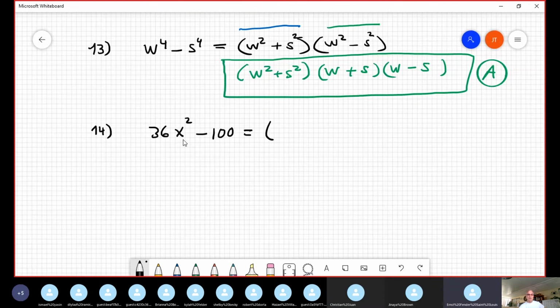You open two parentheses. The square root of this guy is 6x, and the square root of 100 is 10, with plus and minus.